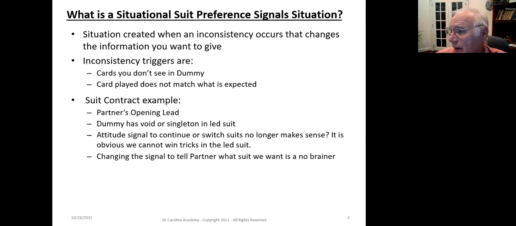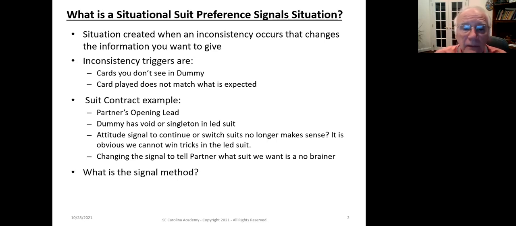We want to now not give the attitude signal, but change to giving a suit preference signal. This really should be a no-brainer. Based upon what we see, we can determine that the attitude signal as to whether we want to continue that suit or not doesn't make sense anymore. So it makes perfect sense to change from giving an attitude signal to a suit preference signal.